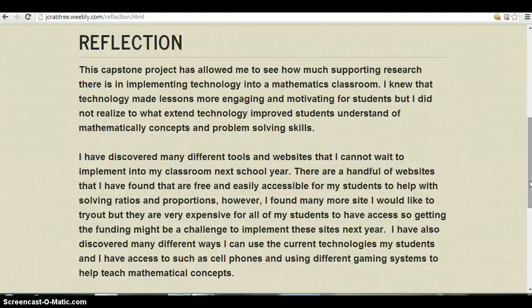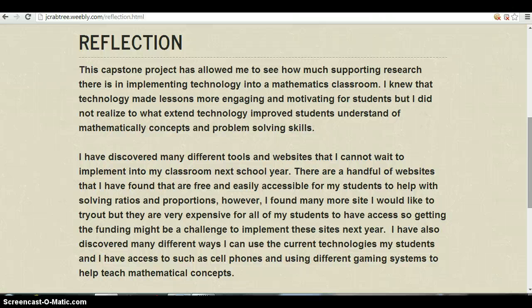I'm really looking forward to it based on the different research that I have found and the different websites that are available to help students improve their understanding of mathematical concepts and problem solving skills.